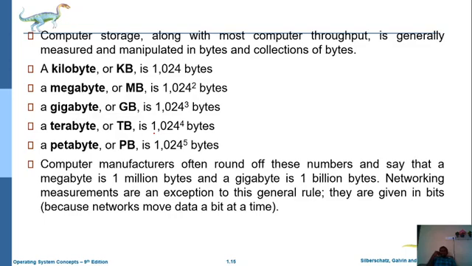Why? Because in computer networks data is transmitted in the form of bits, some number of bits at a time. So in networks we represent memory as bits, and while storing data in computers we represent it in bytes. These are the memory representations.